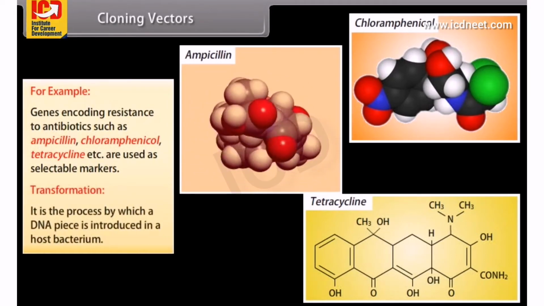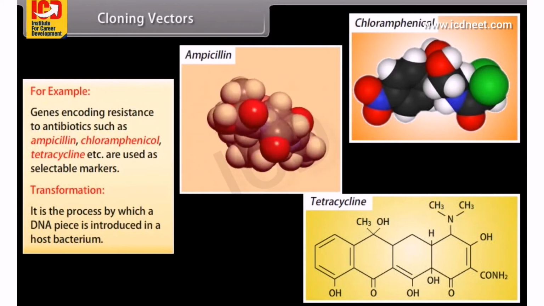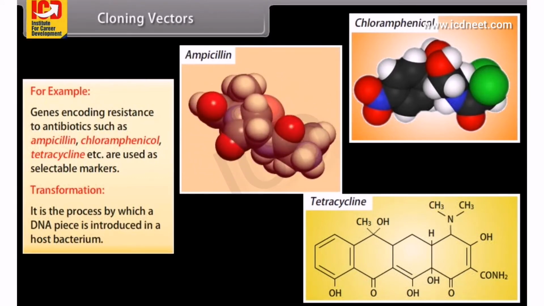Transformation. It is a process by which a DNA piece is introduced into a host bacterium.